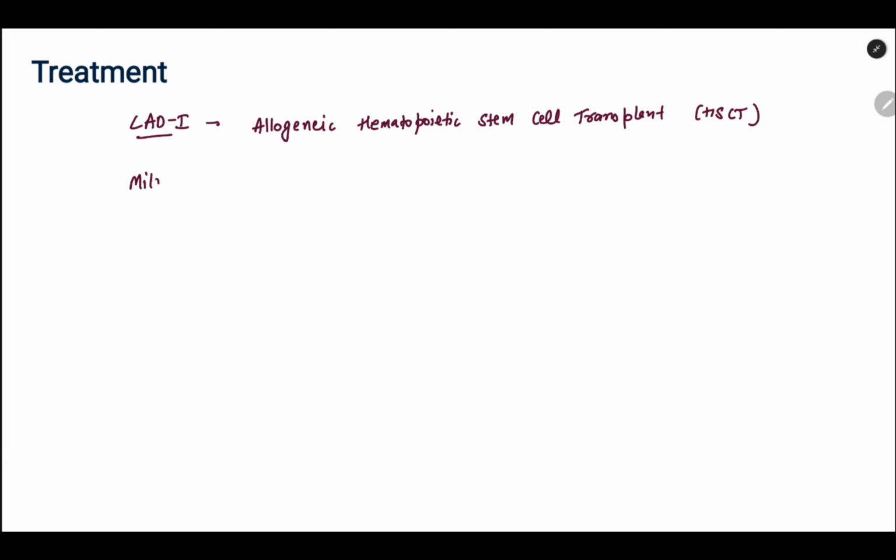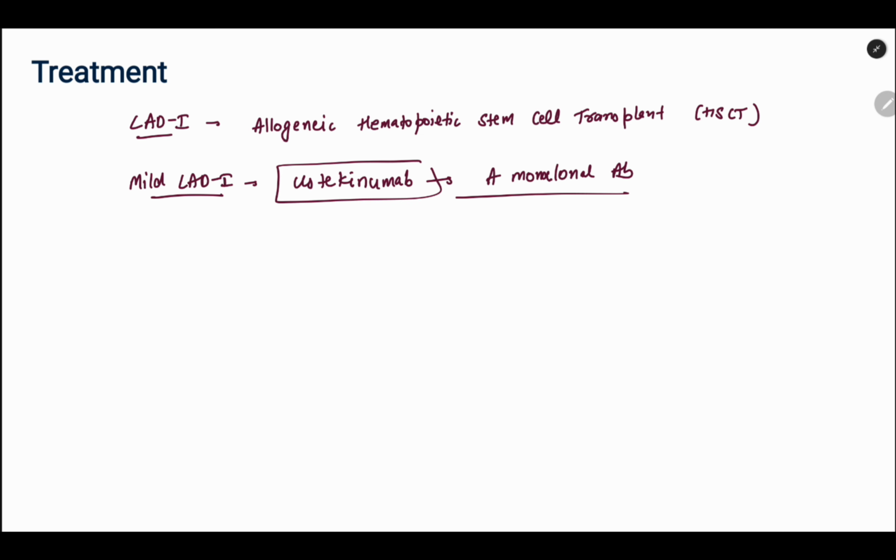In cases of mild LAD 1, the use of ustekinumab, this compound, what is it? It is a monoclonal antibody, which is successfully used to treat refractory periodontitis and the ulcers.